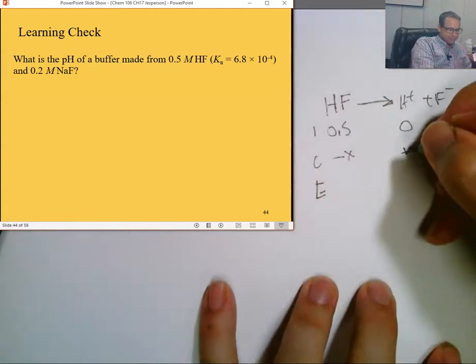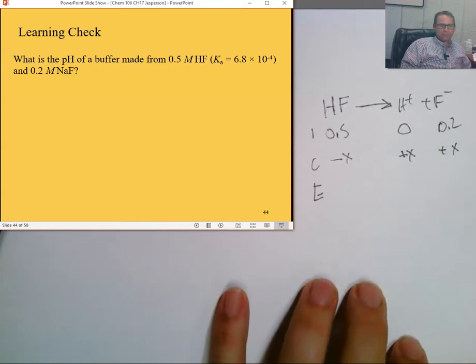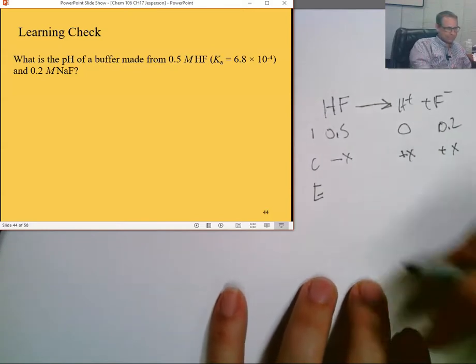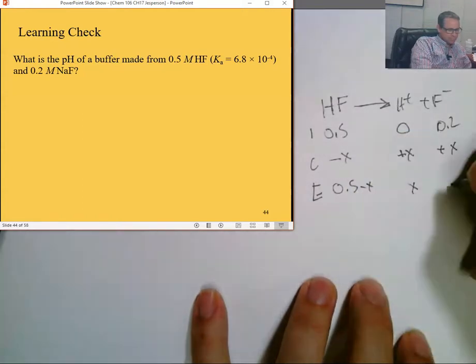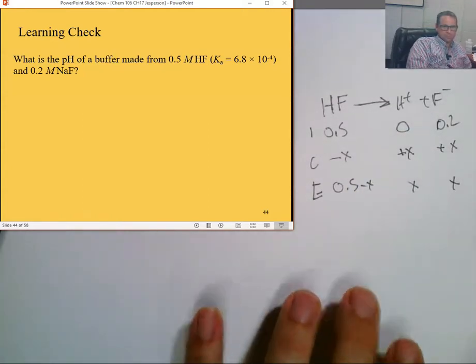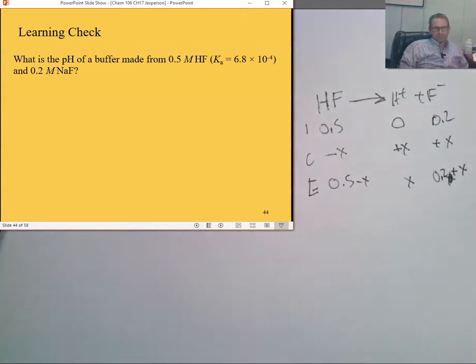So it's going to subtract there and add there. Great. And then we can just finish it by going 0.5 minus x, and then x, and then 0.2 plus x. Good. Now what?